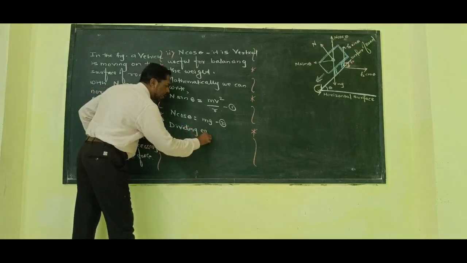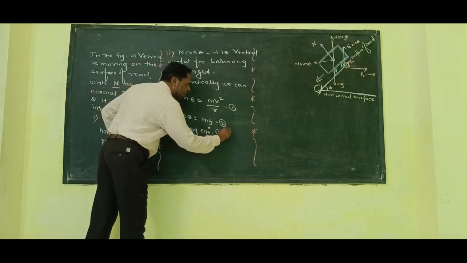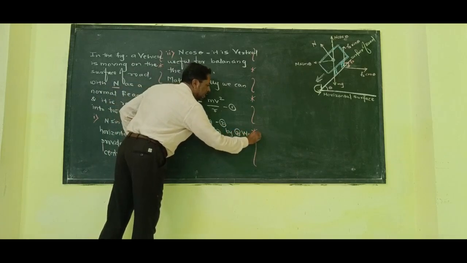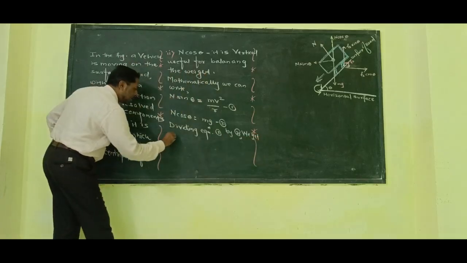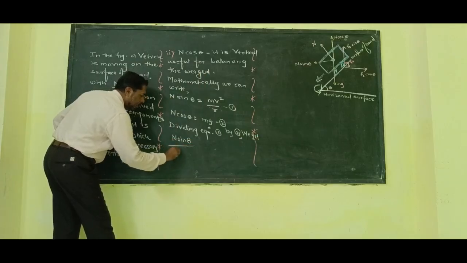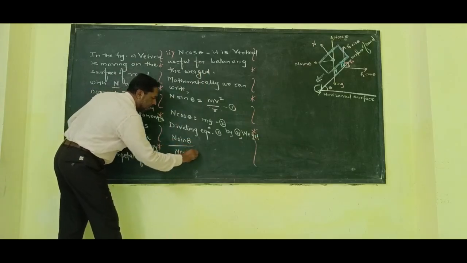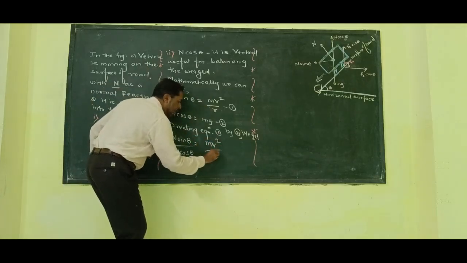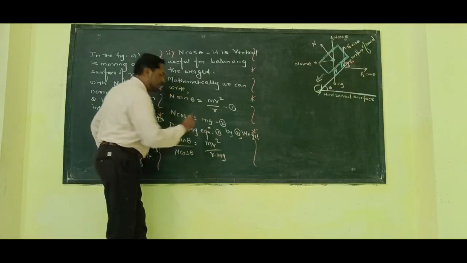Dividing equation 1 by 2, we get n sin theta upon n cos theta is equal to mv square upon r into mg.